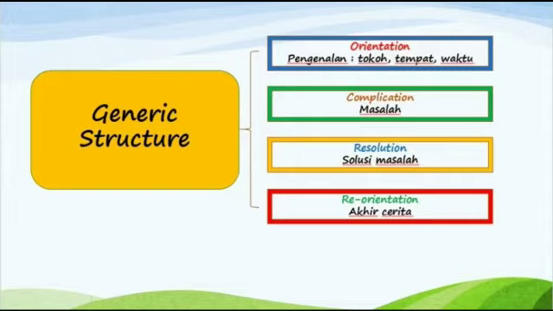Kapan dan di mana cerita itu terjadi dan memperkenalkan pemeran dari cerita dan juga siapa dan apa saja yang terlibat dalam cerita itu. Jadi dari orientasi ini dia memperkenalkan pemerannya, tempat, dan juga waktu.